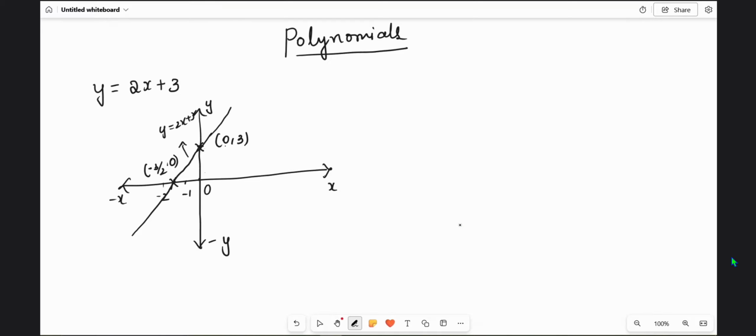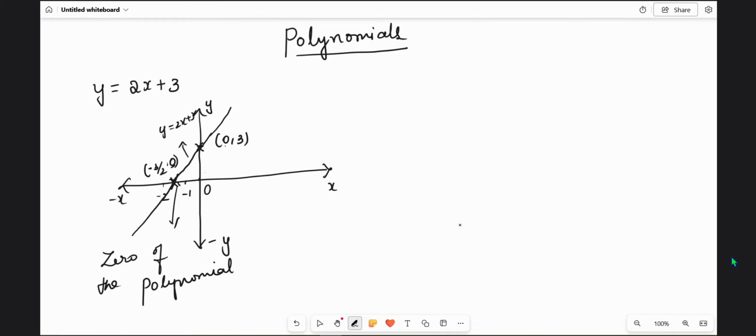So what does this point indicate? This point actually indicates the 0 of the polynomial. Why? Because here the y value is 0 and the x value is minus 3 by 2.